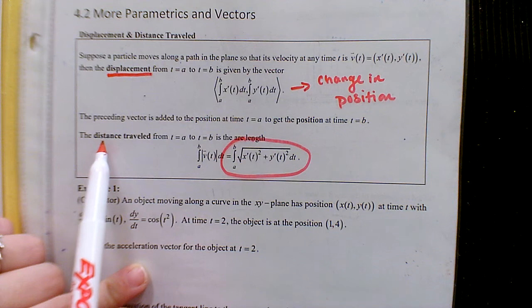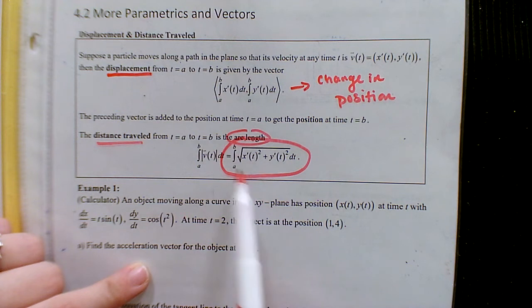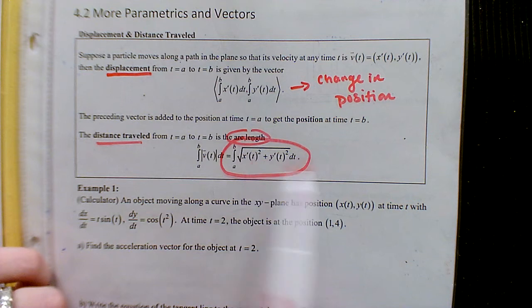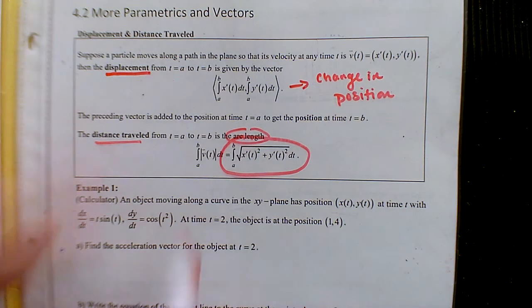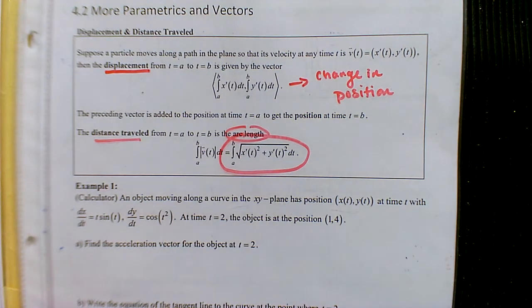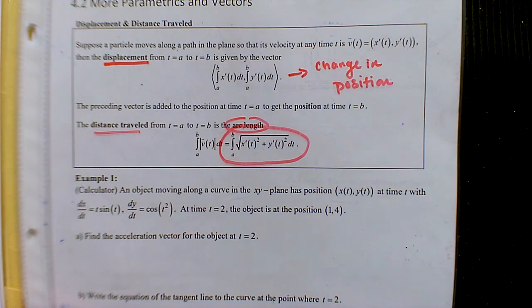But if it's asking for the total distance traveled, aka that arc length around a parametric curve, we're going to utilize the square root of the derivatives squared summed together. So both of them are some type of an integral. We just have to be careful on which one we're actually using. So today's just going to be practice with these and getting used to different free response type questions for these vector problems.